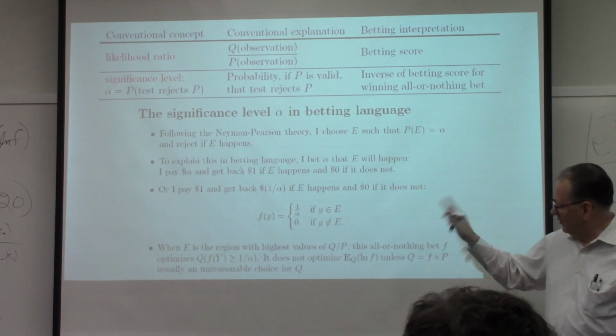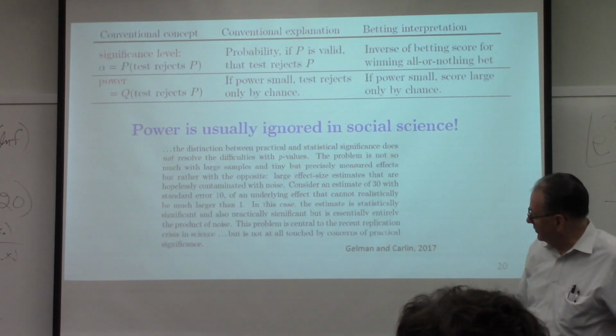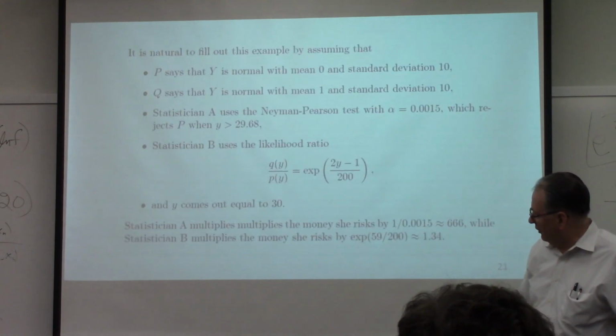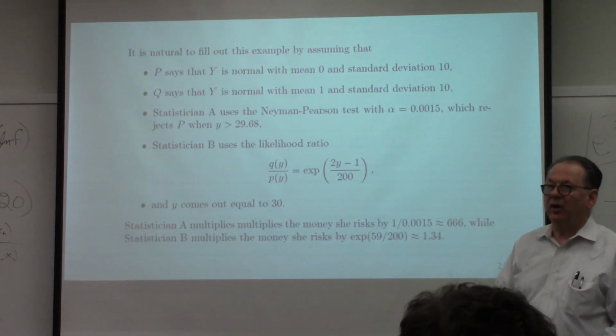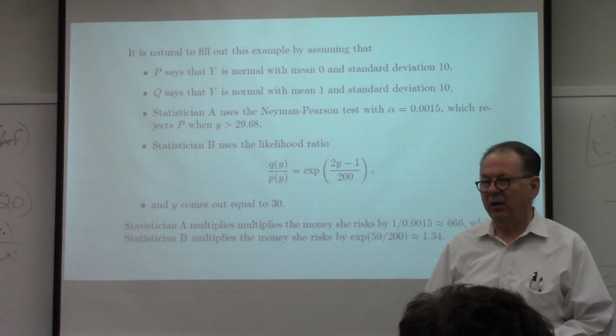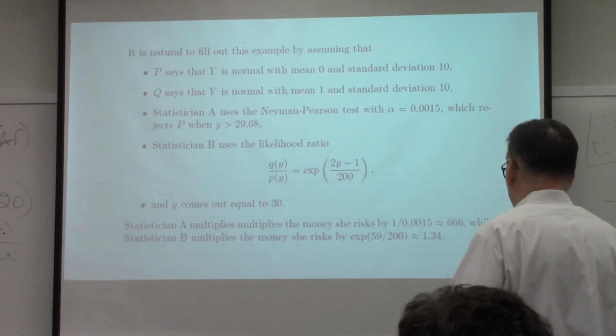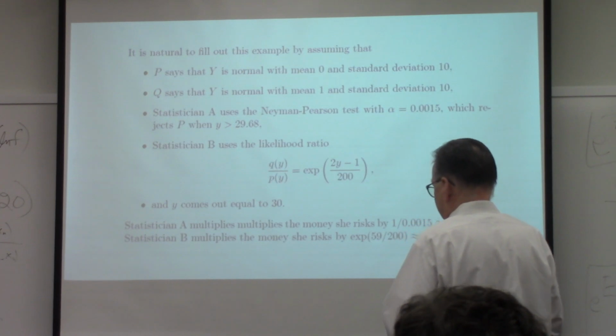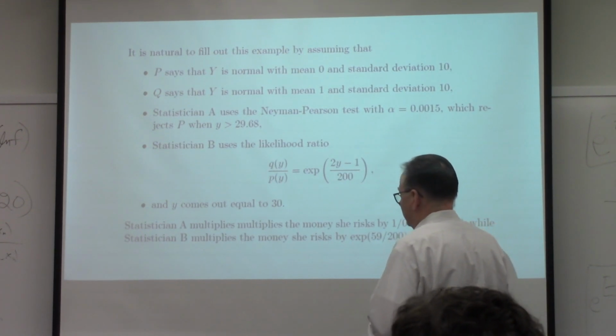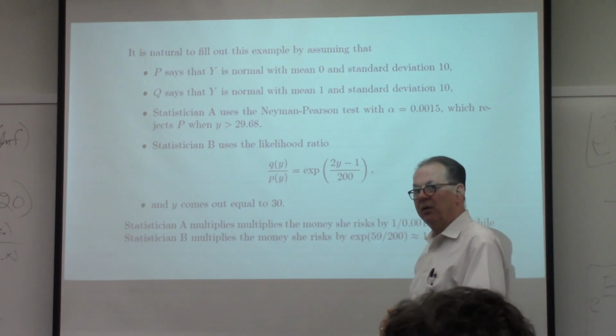So I've already basically told you about significance levels, that power is usually ignored. So here is a kind of motivating example. This example comes out of that paper by Gelman and Carlin.